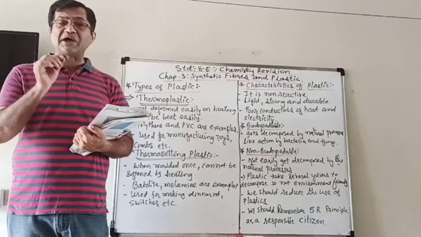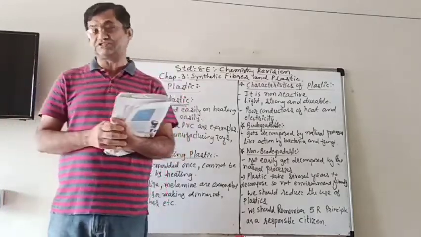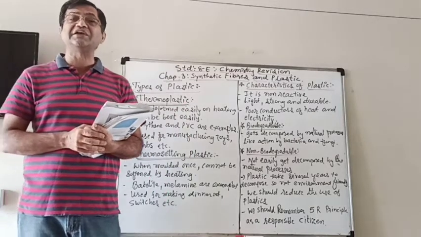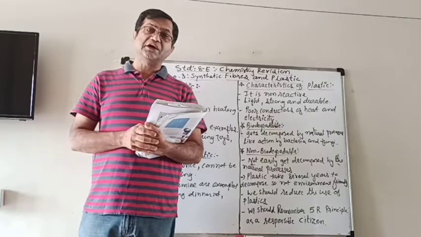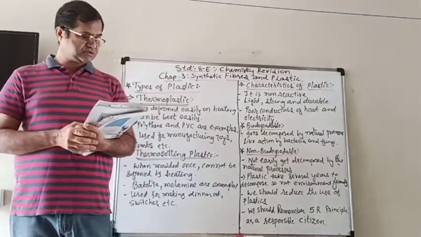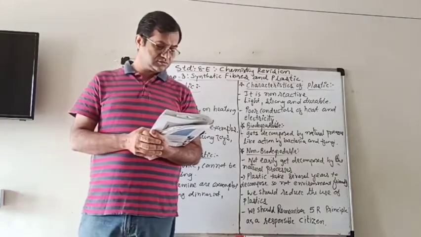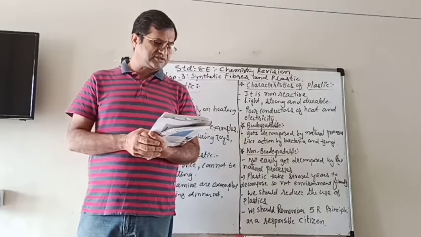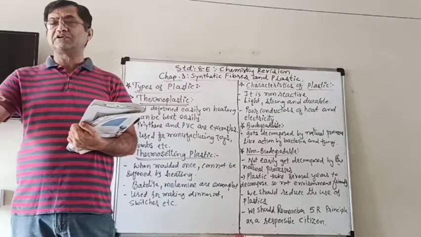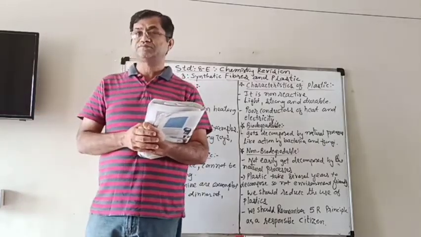Bakelite is a very poor conductor of heat and electricity, and therefore it is widely used in the manufacturing of switches, handles of utensils, etc. So we know that the handle of the cooker is made up of bakelite.